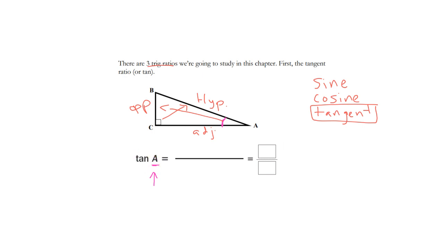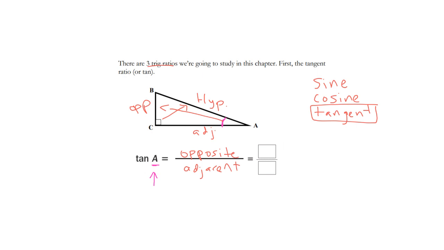Now that those are labeled, we're going to look at what is the tangent ratio for A. Well, the tangent ratio is always the opposite side over the adjacent side. It never changes.